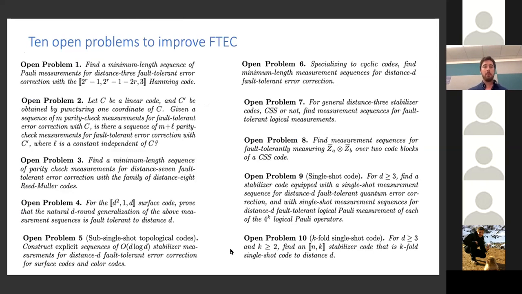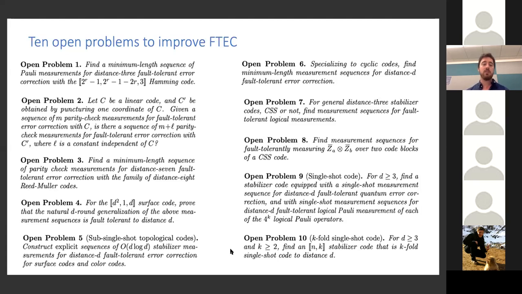So this is my last slide. I want to point out that in this paper, we also added 10 open problems, motivated by the study of this paper. So we go through Hamming code, or general distance streak code, or the effect of puncturing, cyclic code, Reed-Muller codes, and topological codes, and similar questions for logical measurement and logical operations.